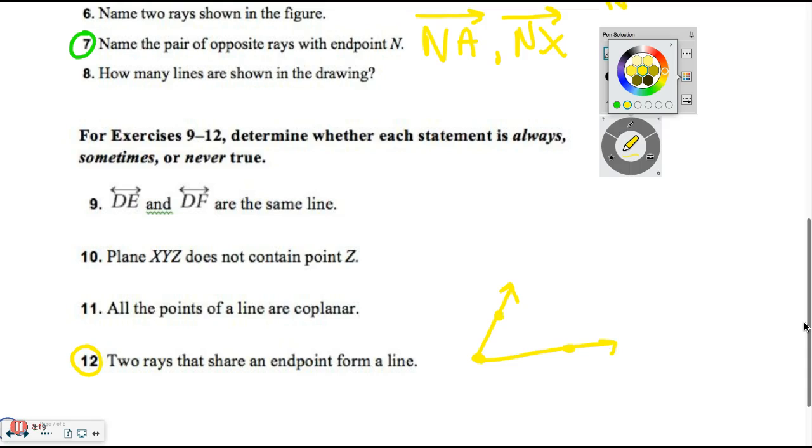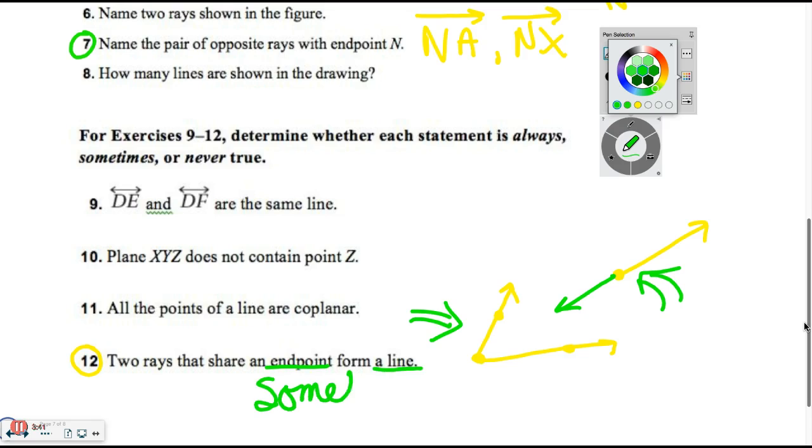Now, they could make a line if you did one ray like this and the other like this. So this is where 2 rays meet and don't make a line. This is where 2 rays meet and do make a line. So do they share an endpoint? Do they have to form a line? And the answer is, well, sometimes if they're opposite rays, but not always.